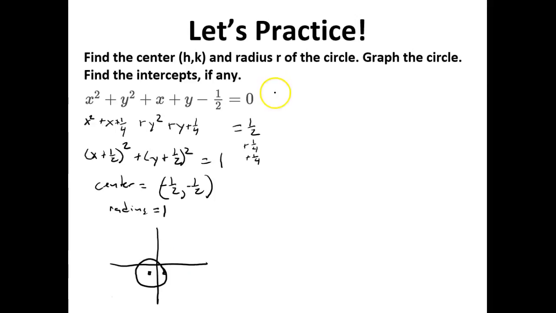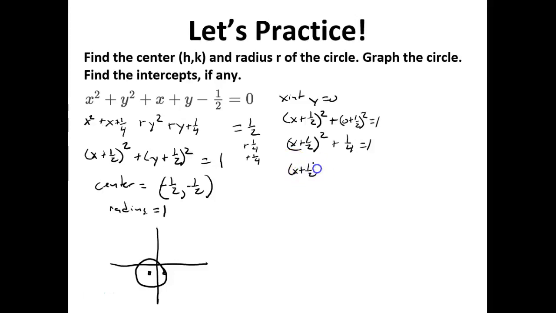Finding the intercepts, well, again, x-intercept is neither up nor down, so y is going to be 0. If I plug that into this equation right here, we get x plus 1/2 squared plus 0 plus 1/2 squared is equal to 1. So x plus 1/2 quantity squared plus 1/4 is equal to 1. Subtract 1/4 from both sides and we're going to get x plus 1/2 squared is equal to 3/4.